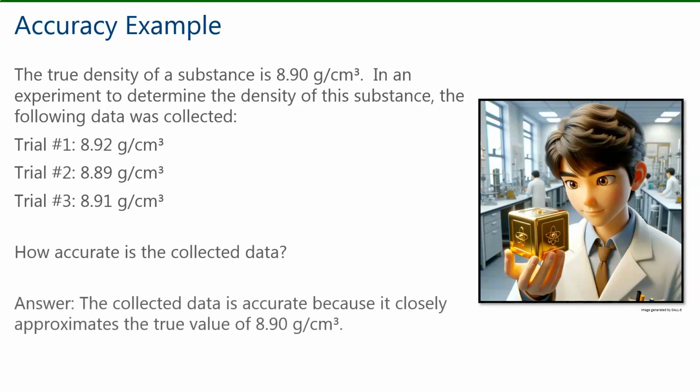The answer is, in this case, the collected data is accurate because it closely approximates the true value of 8.90 grams per centimeter cubed. If you look back up at the data collected in the 3 trials, you'll notice that there's only 0.01 or 0.02 of a difference in the numbers.